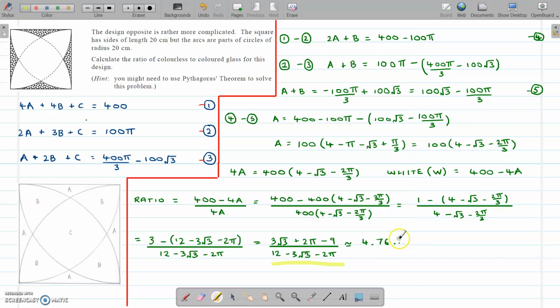In other words, the white area is 4.76 times bigger than the shaded area. And that is the answer to this very complicated multi-stage question. Okay, and that's the end of the video for part 2.